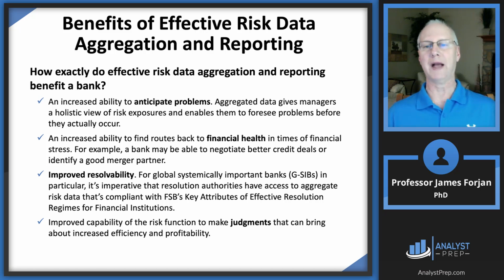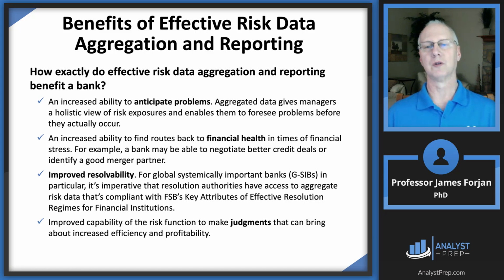Find routes back to financial health, especially in times of financial stress. Every bank goes through periods of financial stress or financial distress at one point or another. And so this aggregation and reporting is going to enable financial institutions to move more quickly back to financial health.